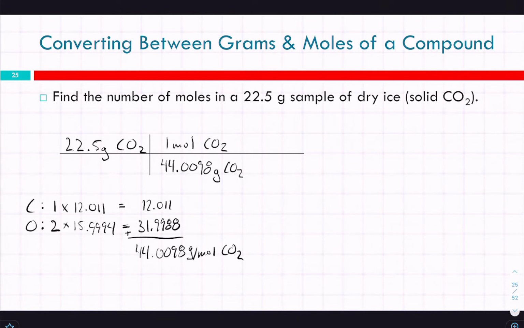Writing it out as grams slash moles is the same thing as the way I was writing it before, where 44.0098 grams of CO2 equals 1 mole CO2, just more compact.